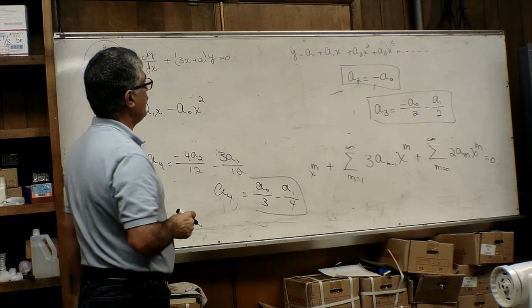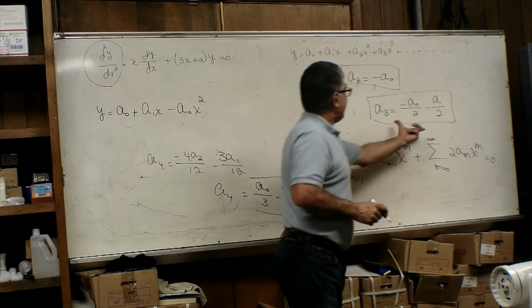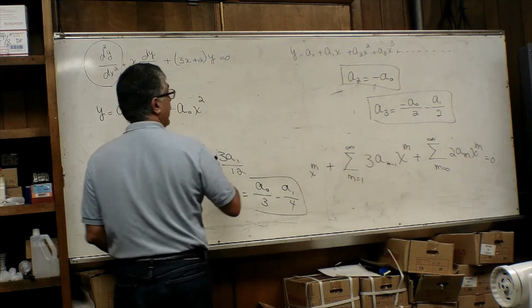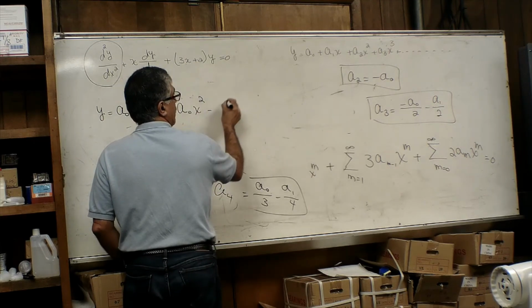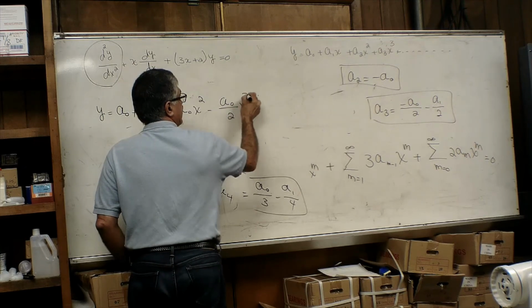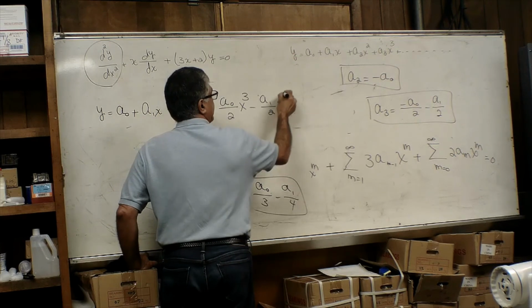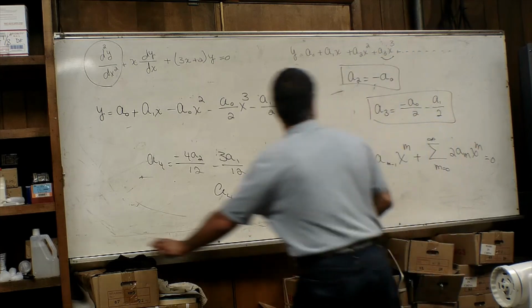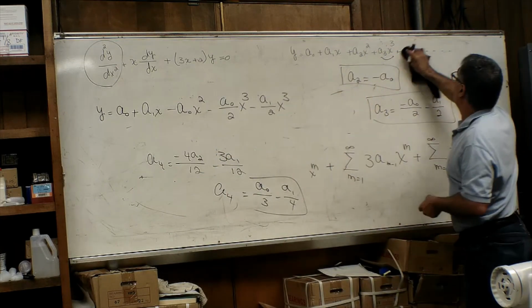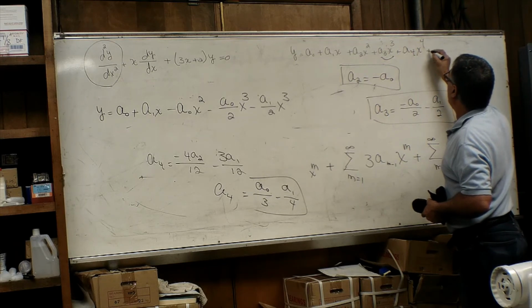Plus A3x cubed. A3 is that, so if we multiply that by x cubed, we are going to have minus A0 divided by 2 x cubed minus A1 divided by 2 x cubed. So this is for this portion. And the next part is A4 multiplied by x to power 4, and so on.